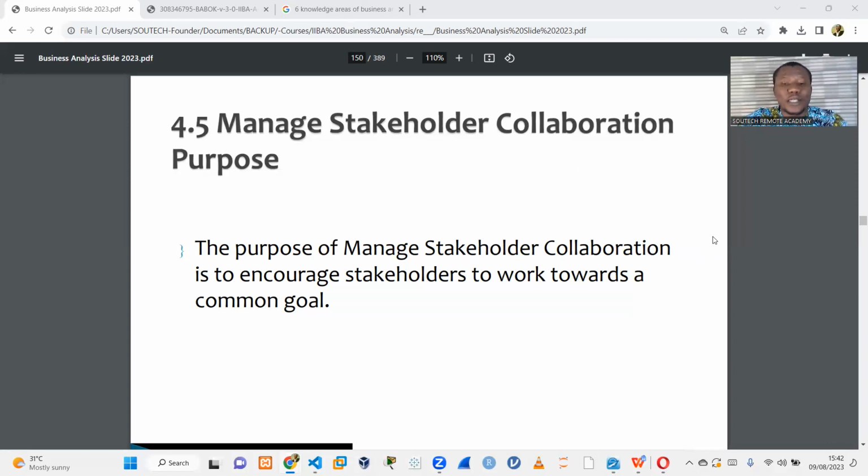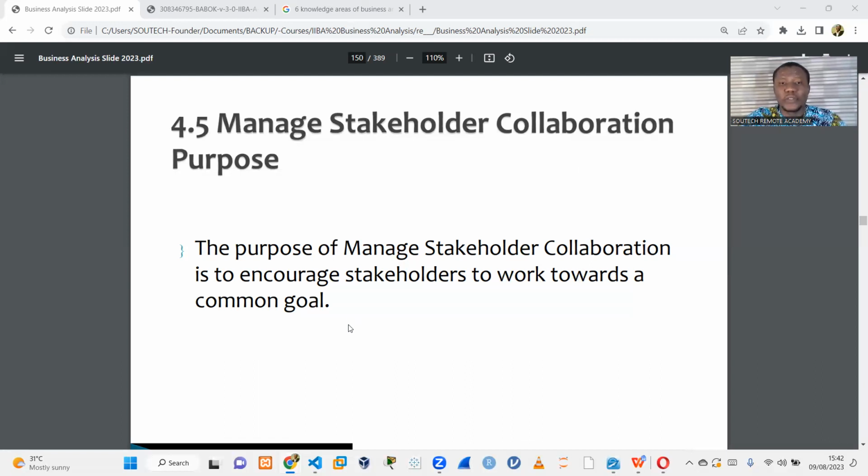Now, we're just trying to do collaboration. Now, 4.5 is manage stakeholder collaboration. Purpose. The purpose of managed stakeholder collaboration is to encourage stakeholders to work towards a common goal. Because there are some projects that you're going to have 2, 3, 4 stakeholders. We've talked about stakeholders very, very exhaustively.